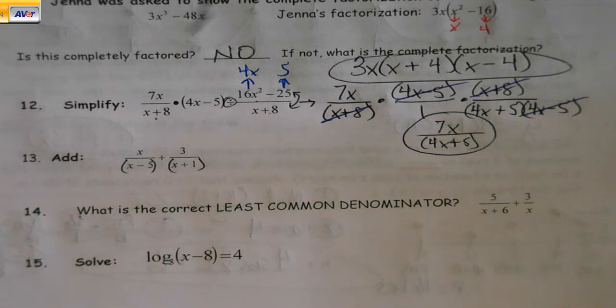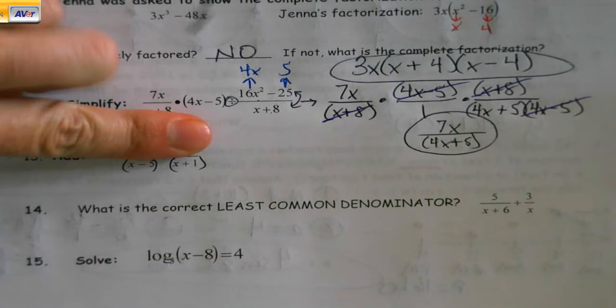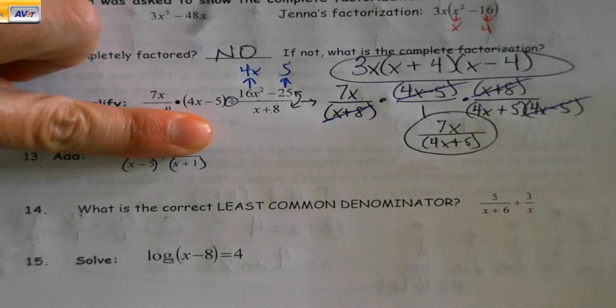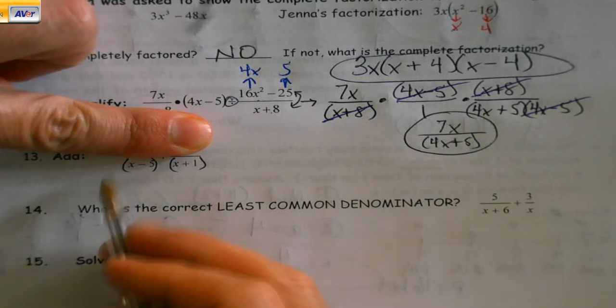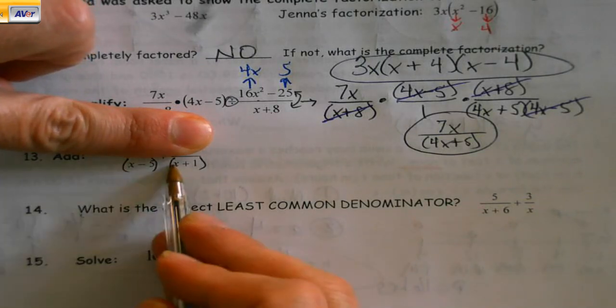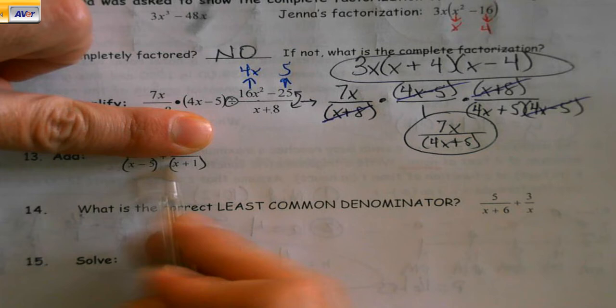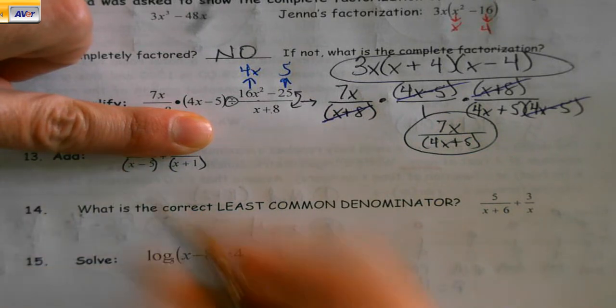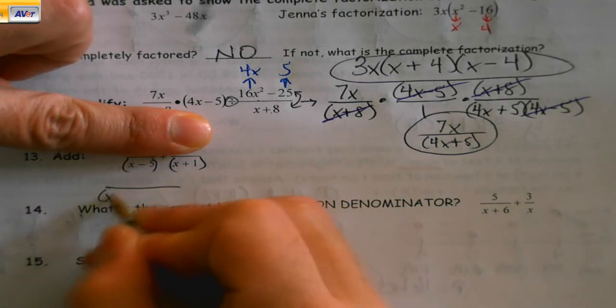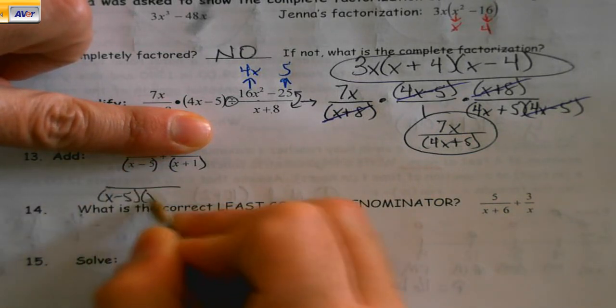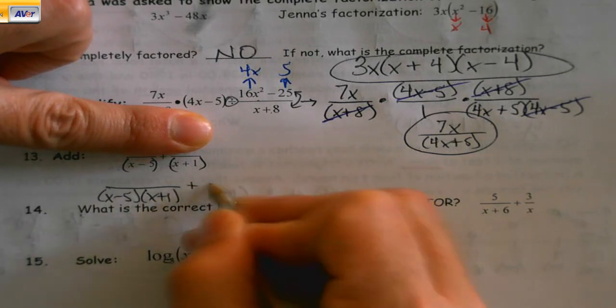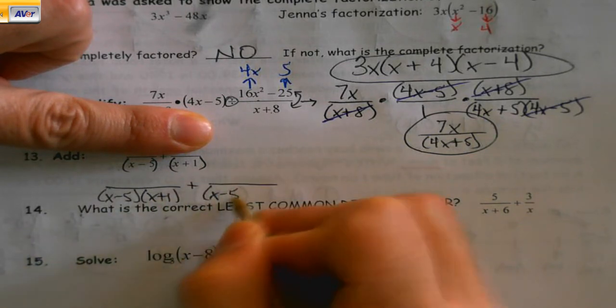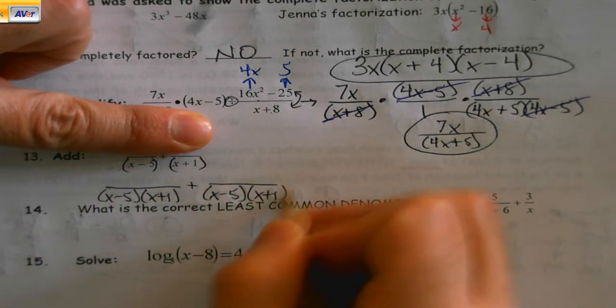Okay, 13, adding. I need an LCD. Just looking at denominators. I don't happen to have any coefficients. I don't happen to have any lonely single variables on the outside. It's just the 2 sets of parentheses. And we've talked about in some of these prior ones. That's good to get there.